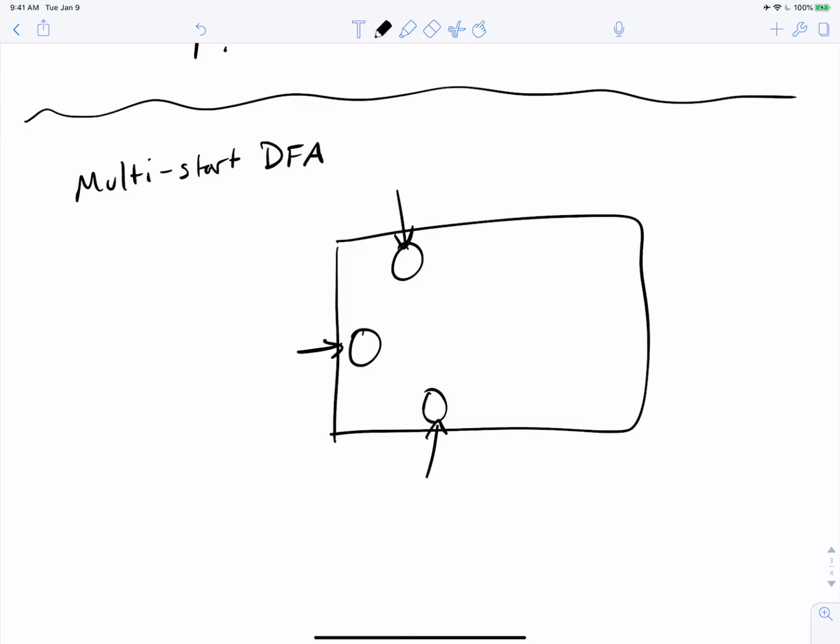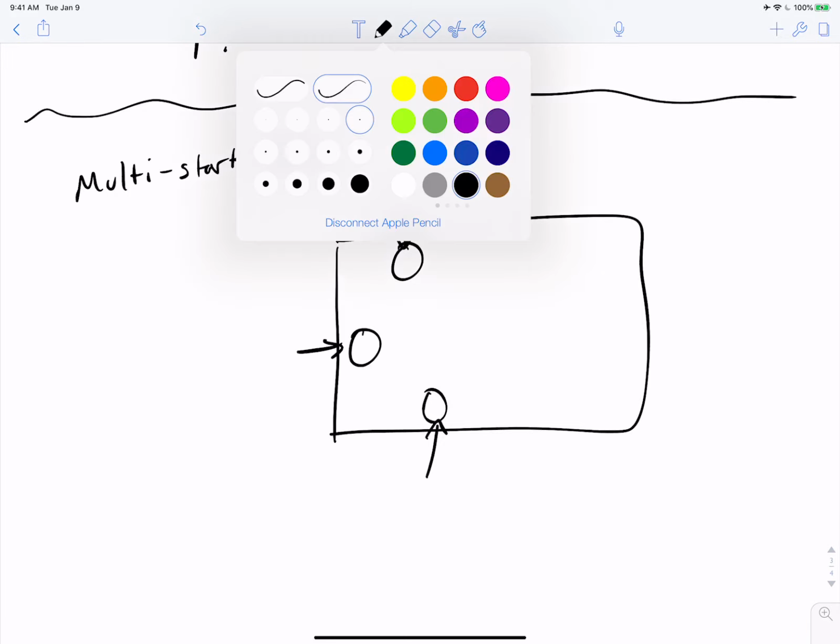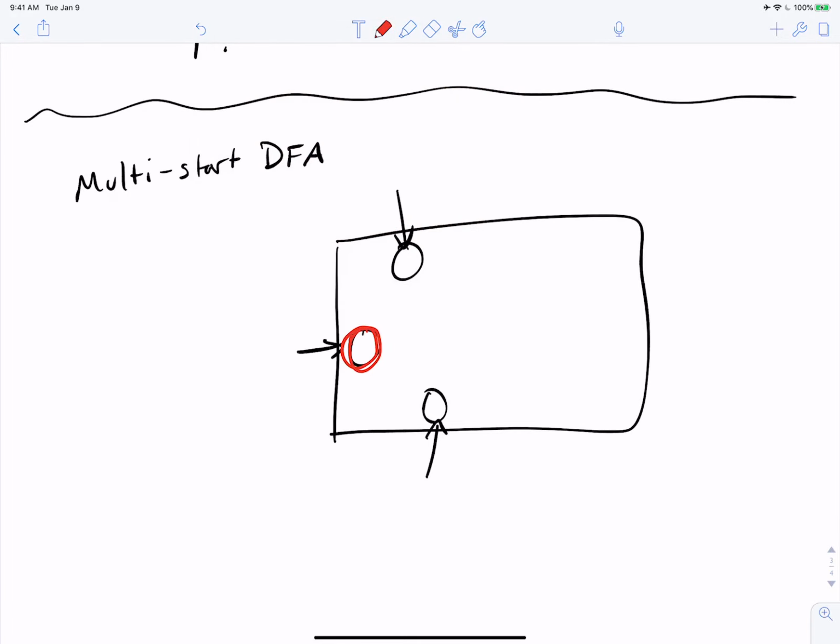You can pick any one of those 3 that you want to go to. It's completely up to you. And this DFA accepts a string if there is a choice of one of those 3 start states such that if you start there, it'll accept. So if the best choice to pick was that state right there, you can pick that one and we'll say it accepts. So are multi-start DFAs more powerful than DFAs are?